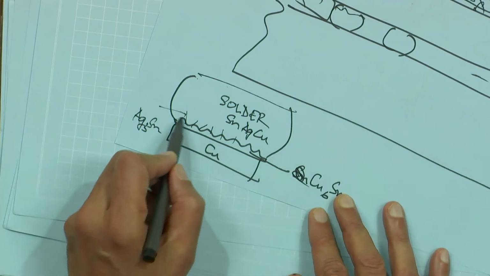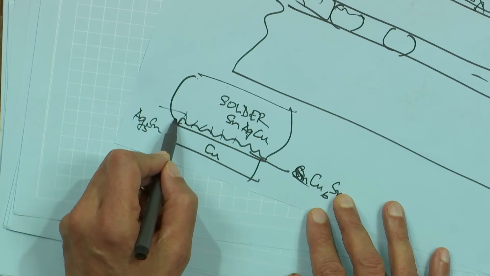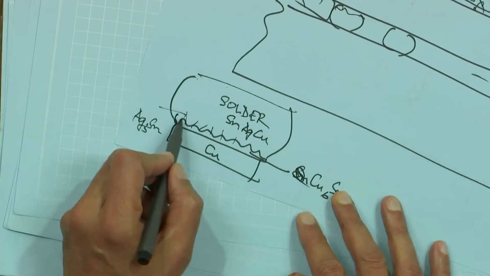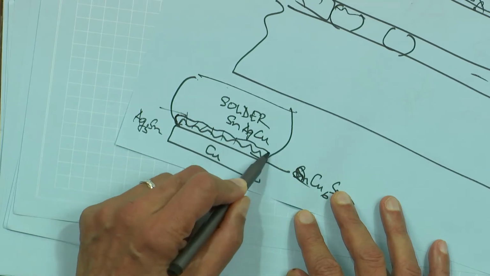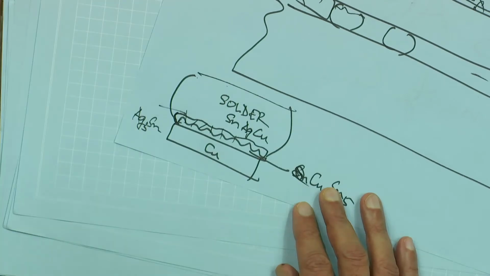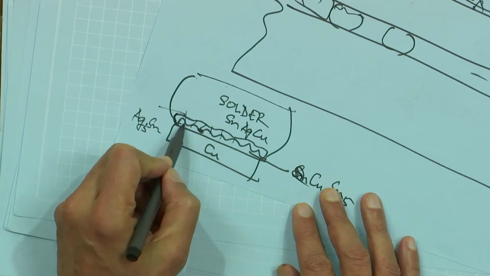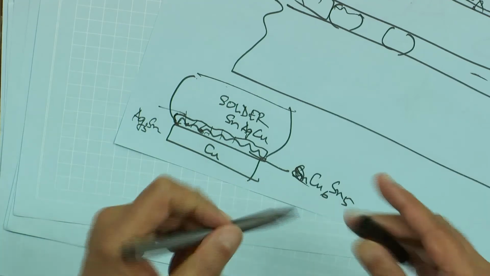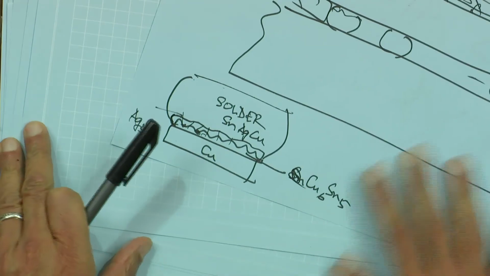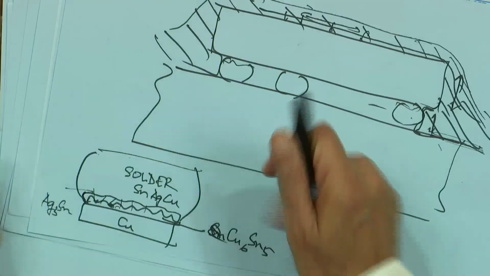With excessive heating, what happens is not only does it grow thicker, but more importantly, it loses some of that scallop behavior and becomes more smooth. The dips fill up, and the overall surface loses its waviness. Not loses, but reduces its waviness. And you can see that very clearly here.